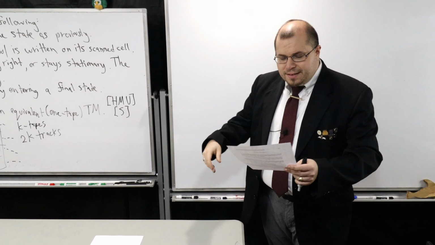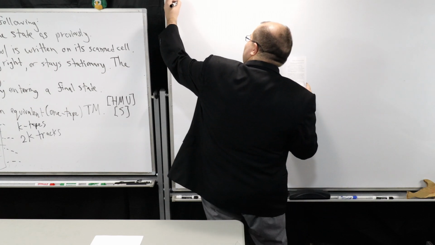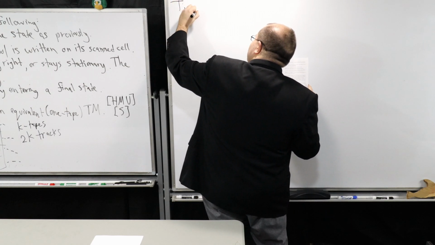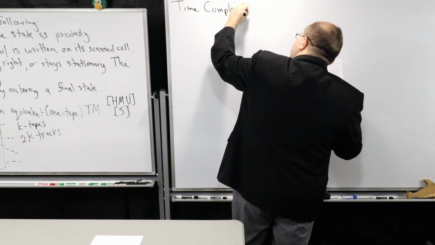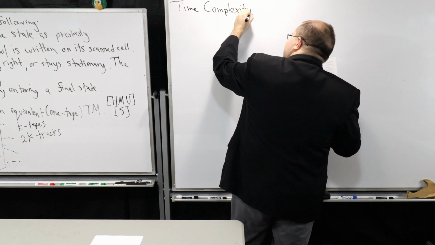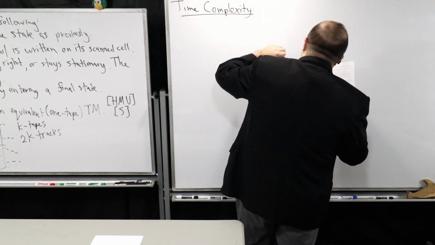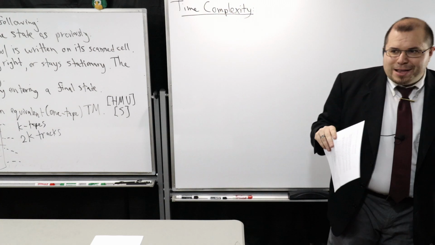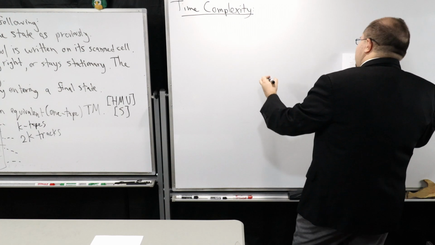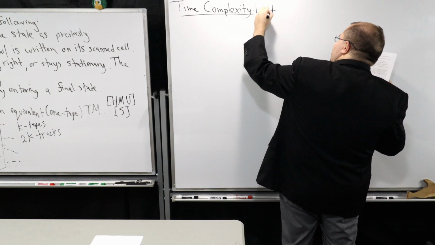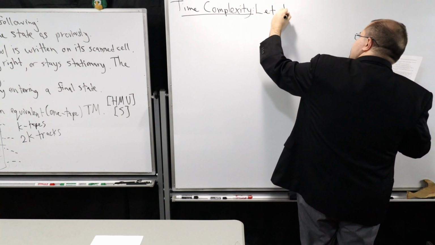So let me just define quickly what I mean by time complexity. I'm certain you've seen this phrase many times before. If you've taken some algorithms classes, I guarantee you've seen this many times. I'm going to define this in the context of a Turing machine.